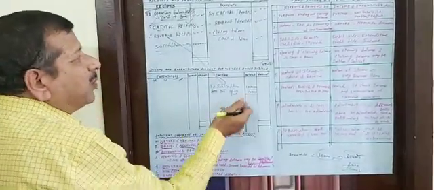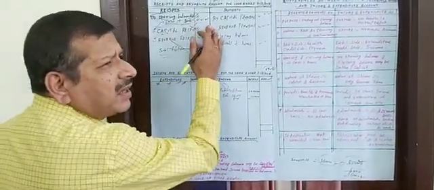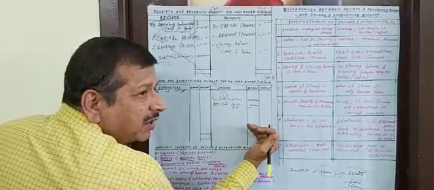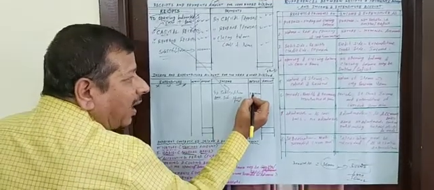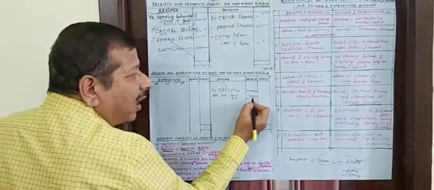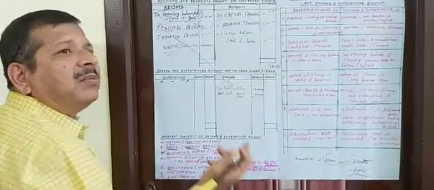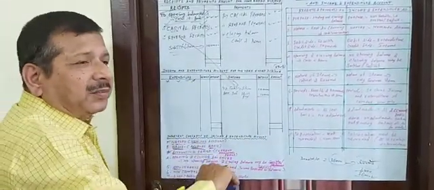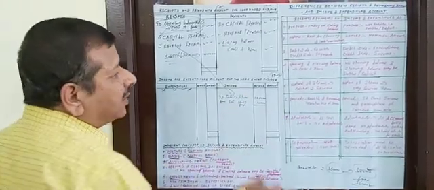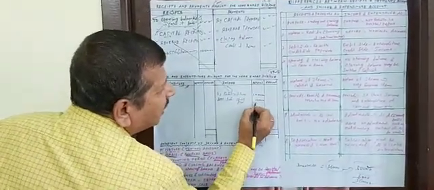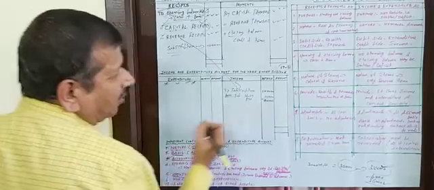That money has been received. But when we are preparing the income and expenditure account, out of this 1 lakh, 10,000 rupees belongs to the last year subscription that we have received this year. That's why we have to remove this 10,000, balance 90,000.